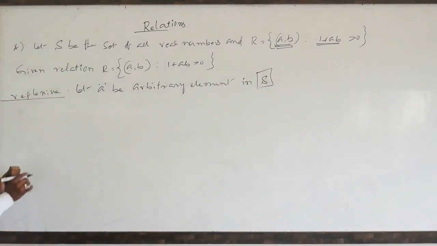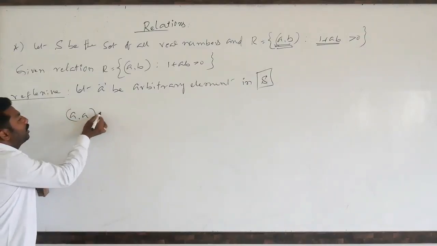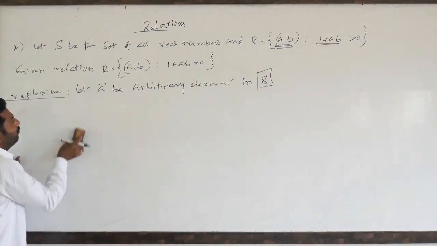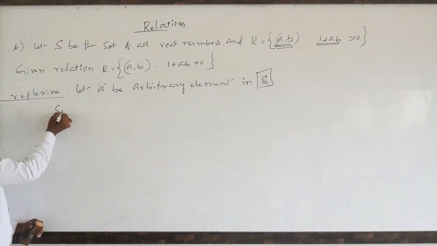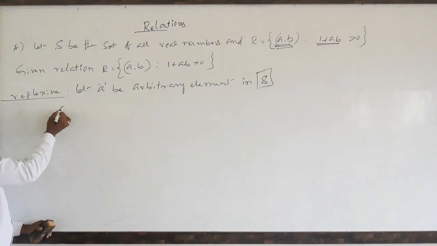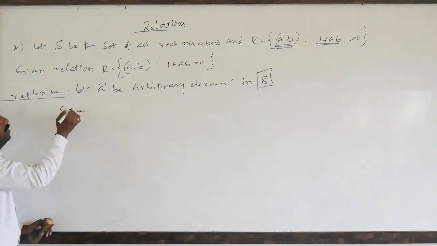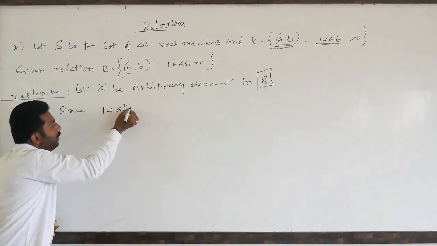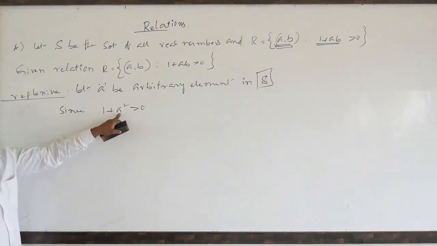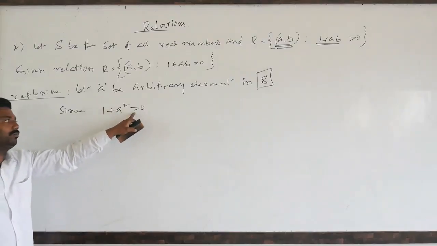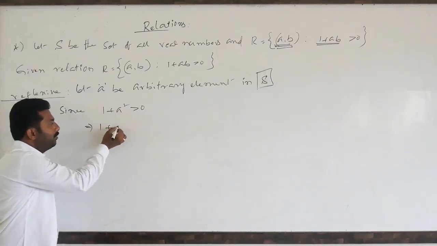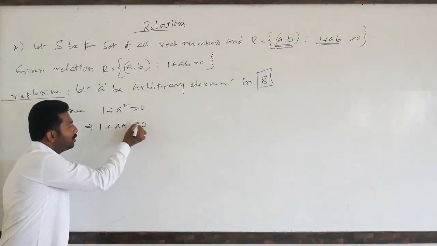Then what we have to prove? A comma A belongs to capital R we have to prove. So how to prove A comma A belongs to capital R? Just we are writing one condition, since 1 plus A square is greater than 0. Yes, 1 plus the square of any real number is always positive; a positive plus another positive number is always a positive number. Again, this can be written as A square, written as A into A, also greater than 0.